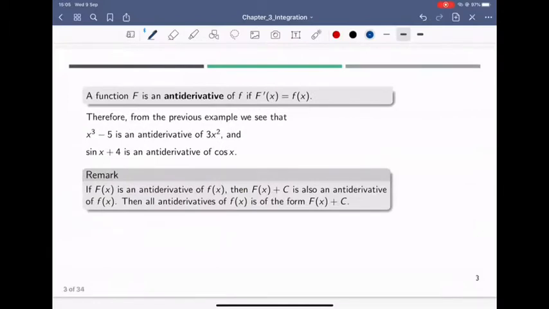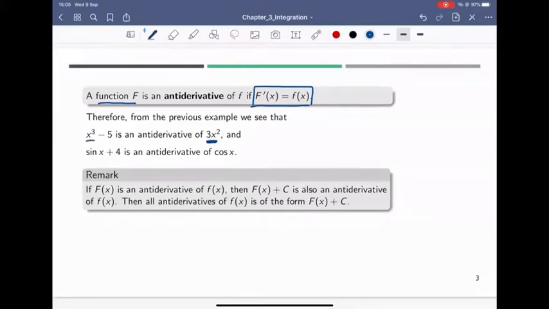So let's look at the definition here. I have a function f. A function capital F is an antiderivative of f if you differentiate that capital F and you get back small f. So if you have 3x squared and you want to find the antiderivative of 3x squared, you're going to have so many solutions.